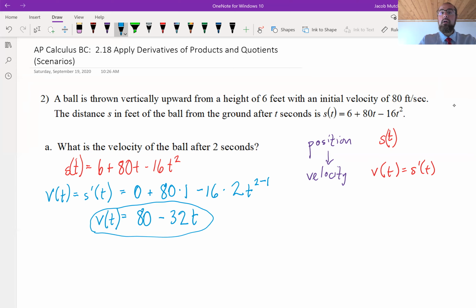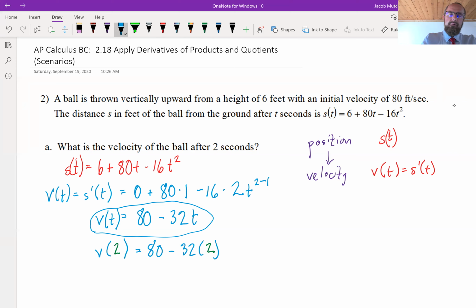Now we need to find the velocity of the ball after 2 seconds. So really we're calculating the velocity at 2. So I'm going to put the 2 there for the t, and let's substitute it in for any occurrence of t. So 80 minus 32 times parentheses 2, and that's pretty quick to calculate.